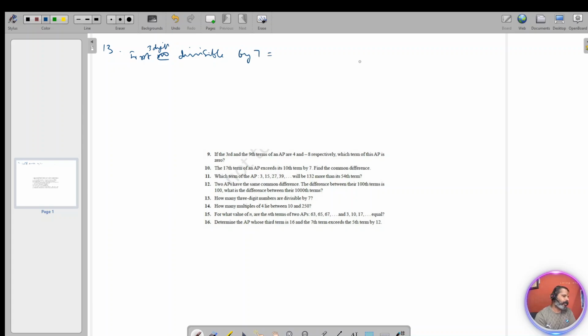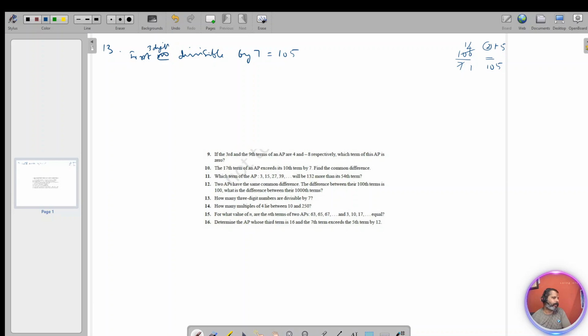Do you know that? So we'll take first 3-digit number 100. Try to divide: 7 1s are 7, 3 carry 30. 7 4s are 28. 2 remaining. So plus 5 will give you 105, the first number.